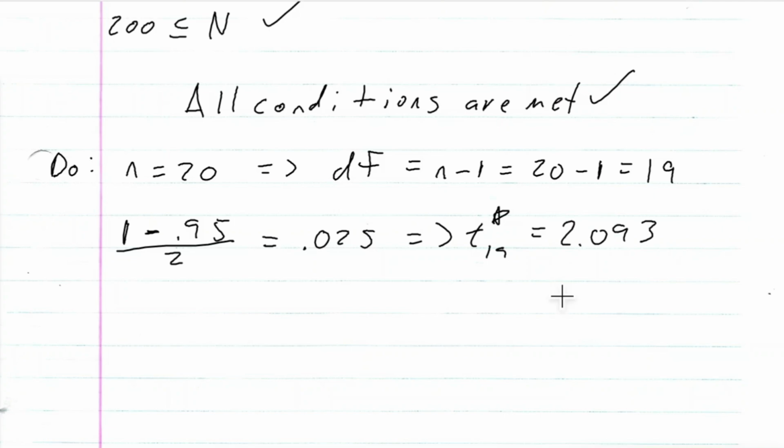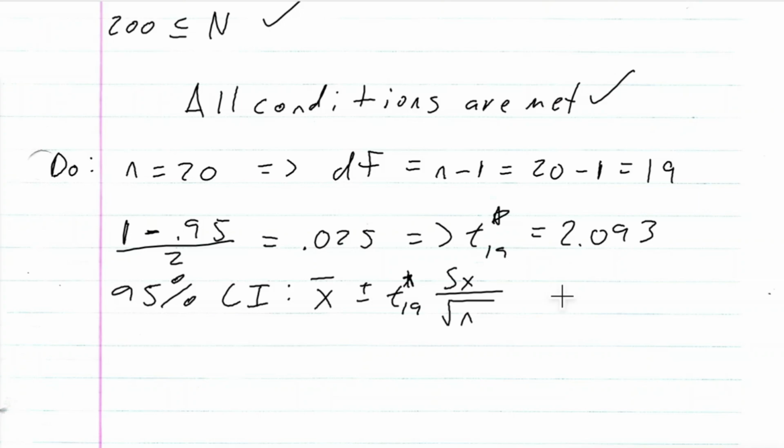All right, so now our 95% confidence interval is going to be x bar plus or minus t star of 19 times the sample standard deviation of x over the square root of the number in the sample. This is equal to 18.48 plus or minus our critical value 2.093 times the sample standard deviation 3.11 over the square root of 20.